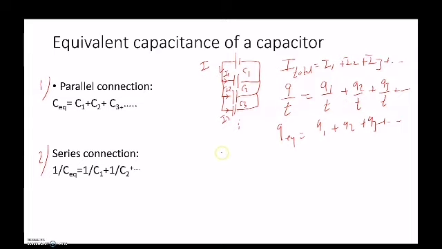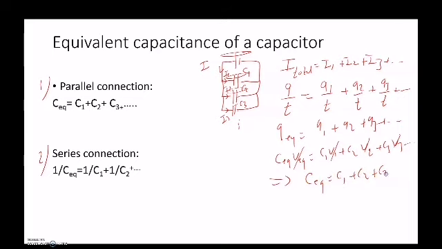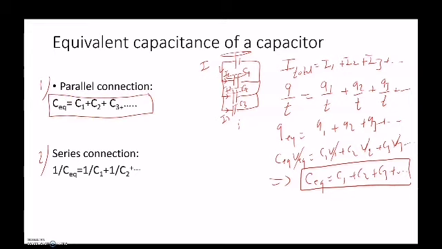But remember that Q equals CV, so Q equivalent equals C equivalent times V equivalent equals C1 V1 plus C2 V2 plus C3 V3, etc. But you have to remember in parallel connection that V equivalent equals V1 equals V2 equals V3, so these cancel with each other, and we get the final result: C equivalent equals C1 plus C2 plus C3 plus etc. This is the equation we use to calculate the equivalent capacitance in parallel connection.